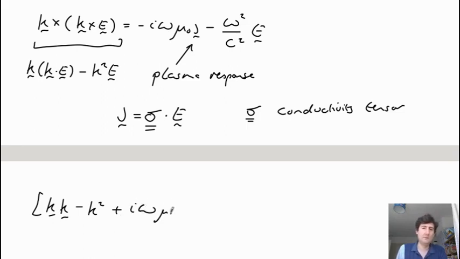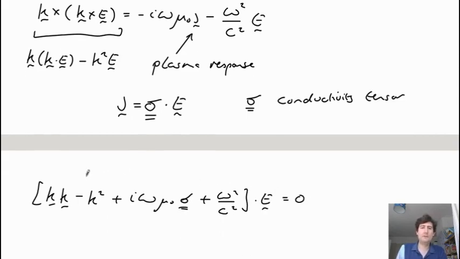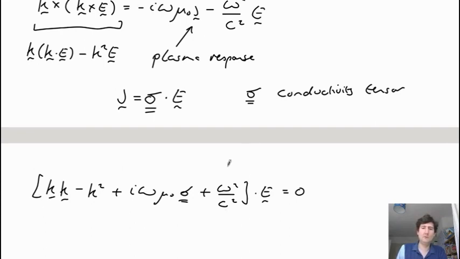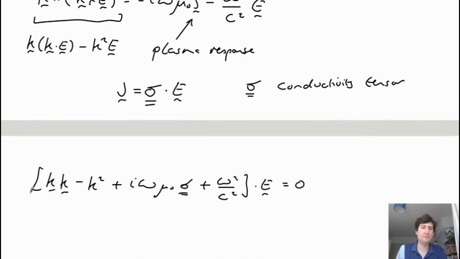So i omega mu naught sigma, for this conductivity tensor, and then plus omega squared over c squared from this last term here. And all these terms are dotted with the electric field. And so what we have here is a big matrix, a 3x3 matrix, which depends on k and omega in general, dotted with the electric field is equal to 0.